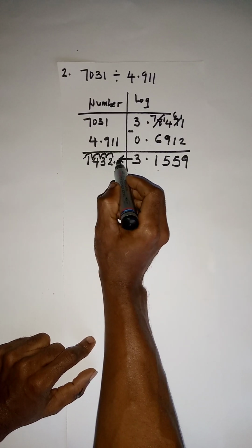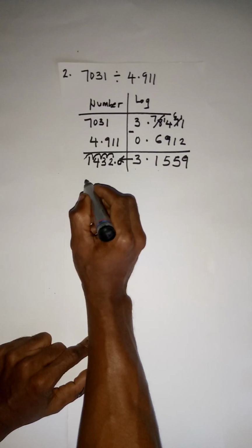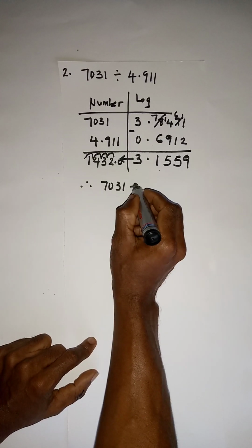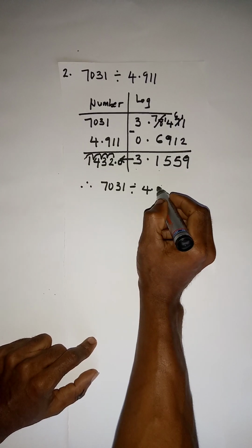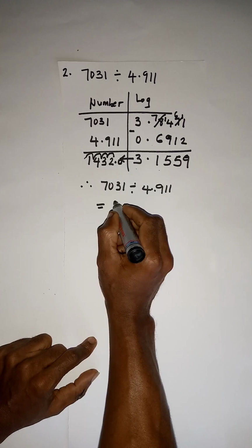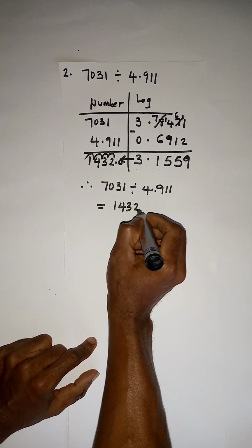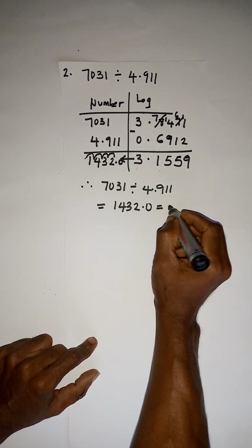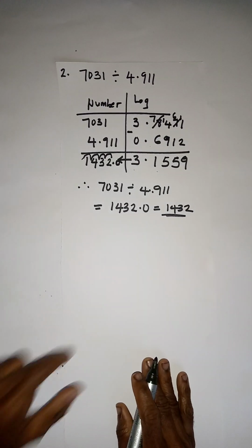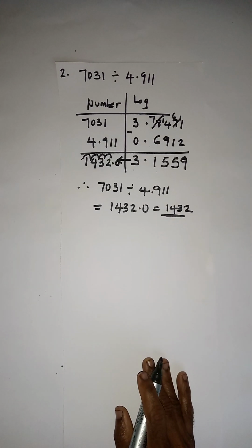The point will be here, and you include 0 to it. Therefore, 7031 divided by 4.911 is equal to 1432.0, or 1432 as the result of that.